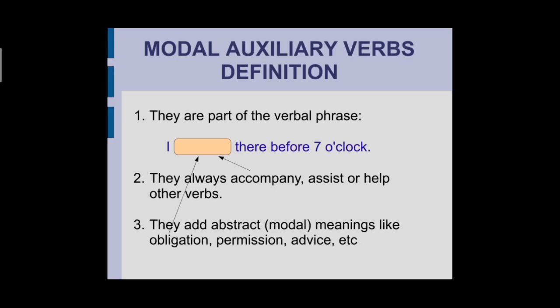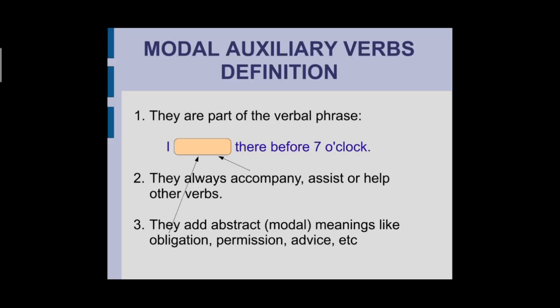So we can say, I could reach there before 7 o'clock, or I will reach there before 7 o'clock, or I could have reached there before 7 o'clock, or I could have been there before 7 o'clock.